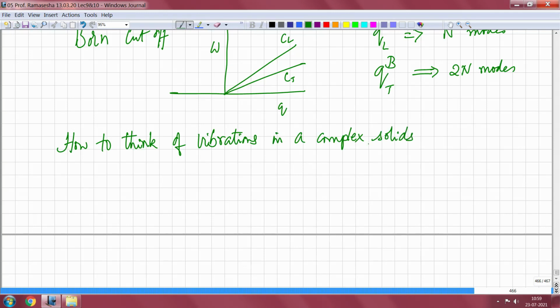So first of all, we have a potential V, and this is a function of the coordinates of all the atoms in a solid.